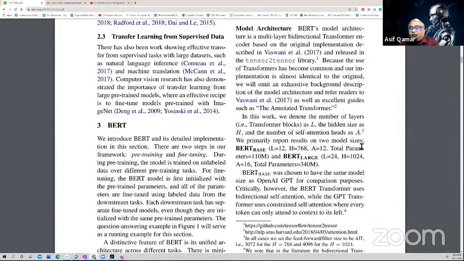Here it is a huge 768 dimensional representation. The hidden size is 768. And when we talked about multi-heads, how many heads are there? 12 heads. And so this entire model with its many layers has 110 million parameters.